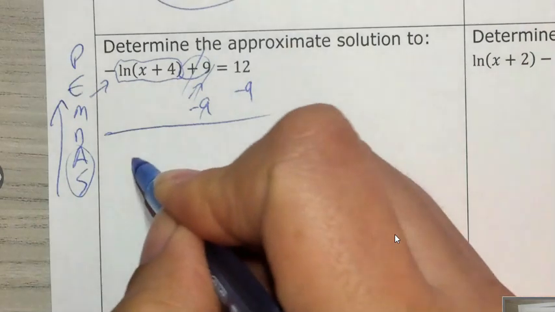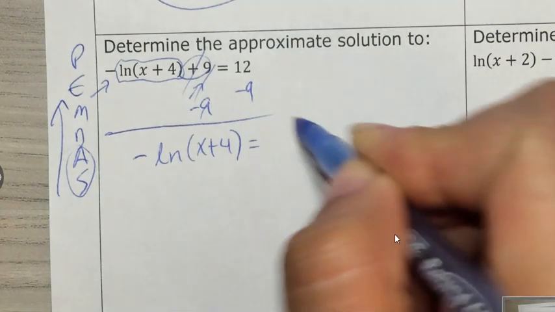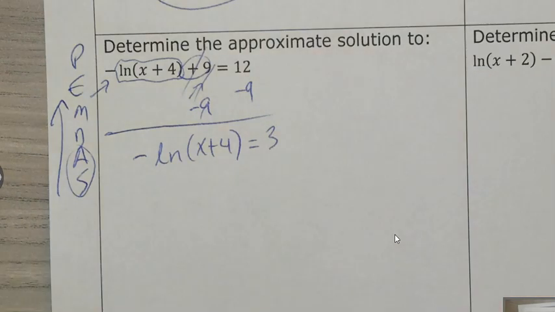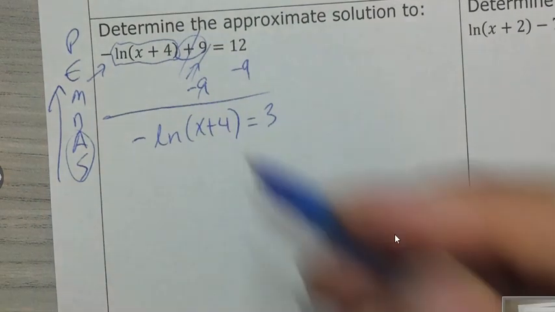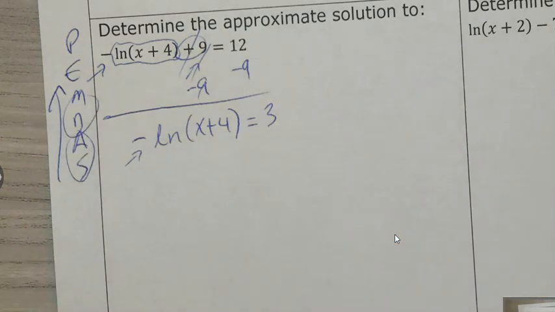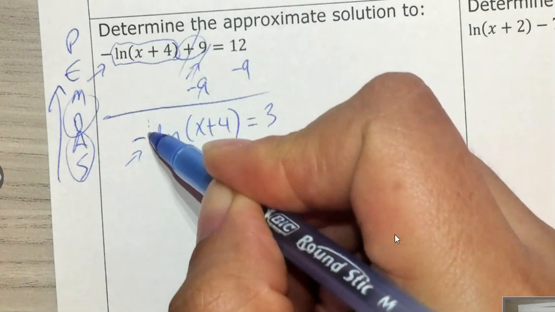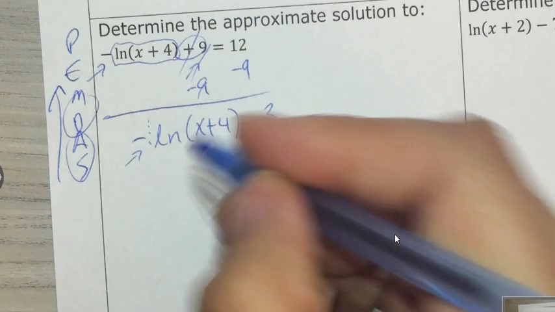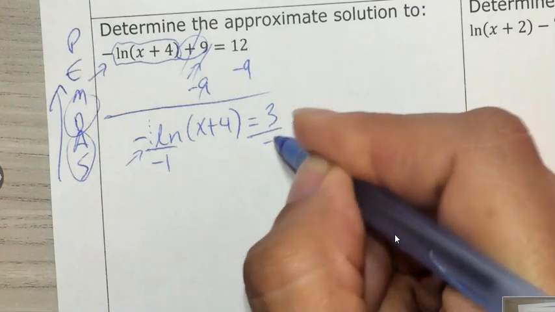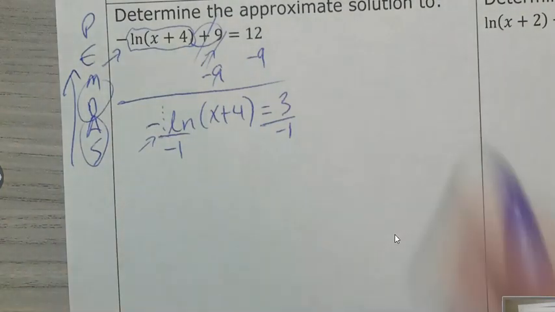That cancels and we're left with negative ln x plus 4 equals positive 3. And then we need to get rid of that coefficient of negative in the front by multiplying or dividing. So when there's no number, it's technically a -1. So we can divide by -1 or multiply by -1, whichever one you prefer.